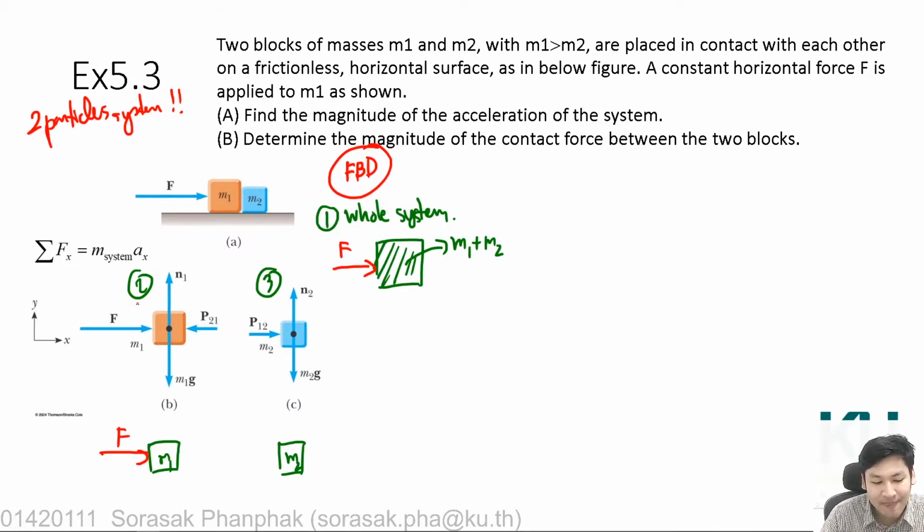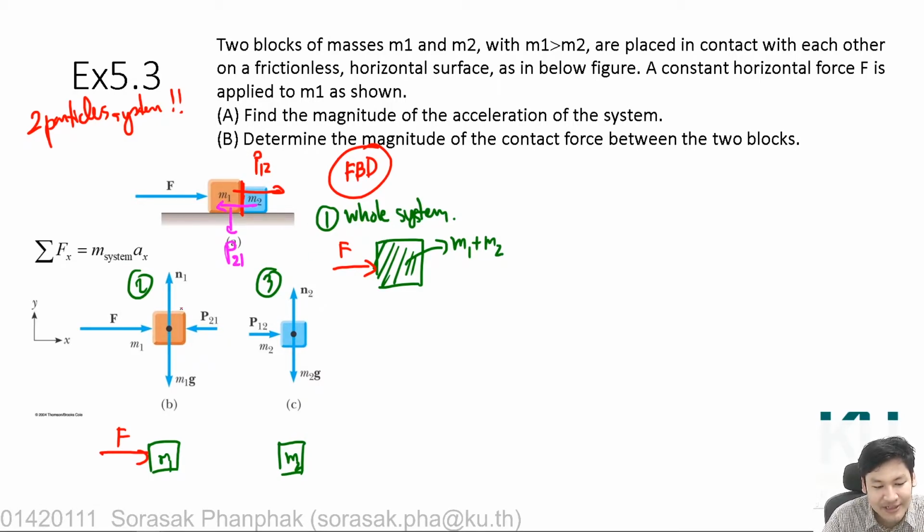On this boundary, M1 is pushing forward on M2. This causes another resultant, that M2 is pushing M1 as well, so this is pushing backward. This is what we call P21, because mass 2 pushes mass 1, and this is P12, where mass 1 pushes mass 2.